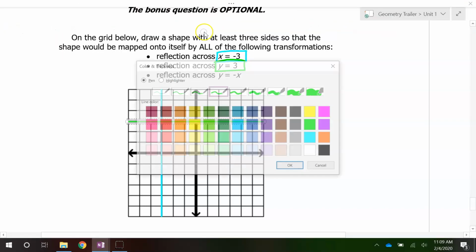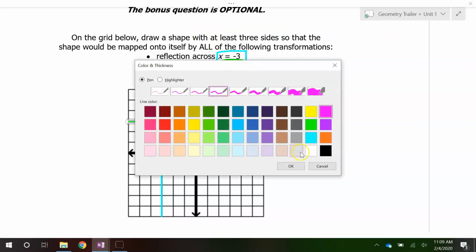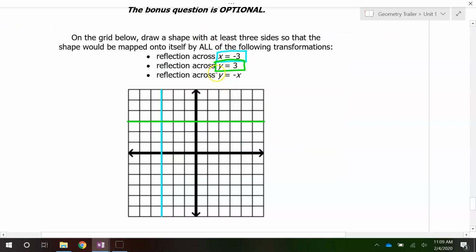And the last one I will do in pink. y equals negative x is a diagonal line that goes downhill. So this is the line y equals negative x.